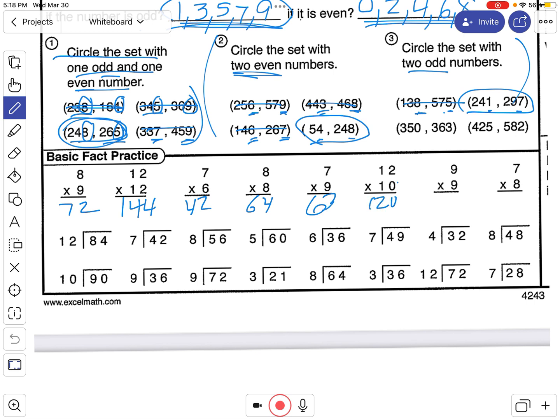When you multiply by 10, you just drop that 0 on the end of the other number, okay? 81 and 56. 12 times 7 is 84. 7 times 6. 8 times 7 is 56. 5 times 12 is 60. 6 times 6, 36. 7 times 7, 49. 4 times 8, 32. 8 times 6 is 48. 10 times 9 is 90.